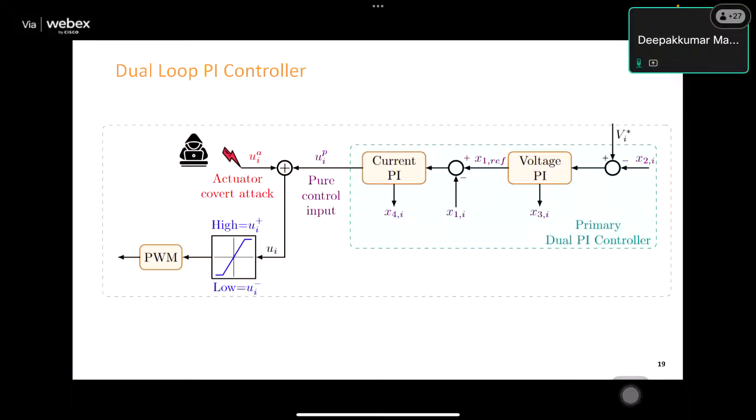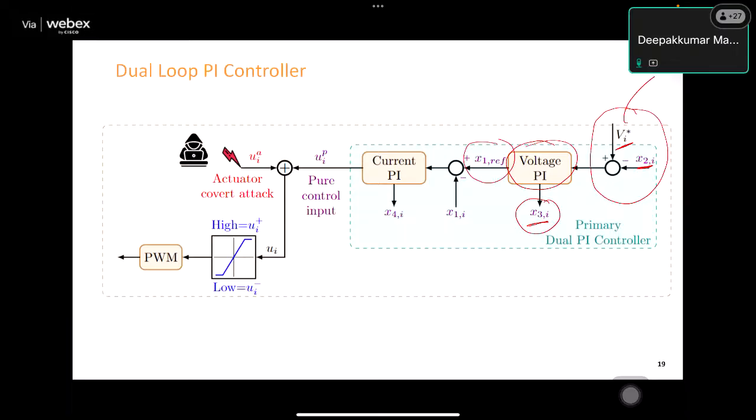See what happens here, it starts from here. This is the outer loop. The reference is coming from the secondary controller, and this is coming from your measurement. X2 is the state which you are measuring at the output of the converter. The error will go to this simple PI controller, and because of that you are getting one extra state, X3. Then it will provide the reference to the current controller.